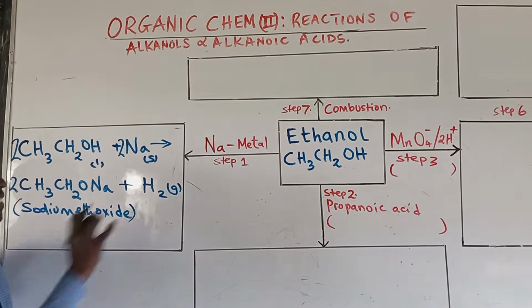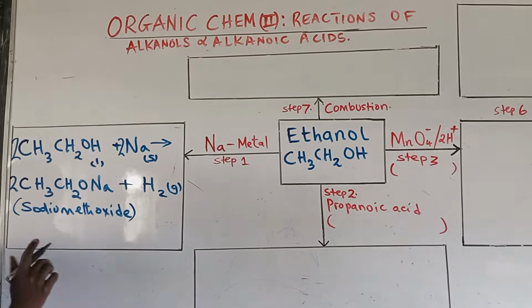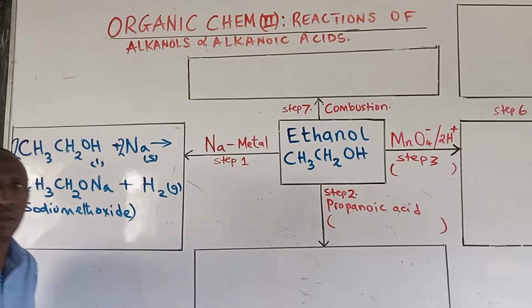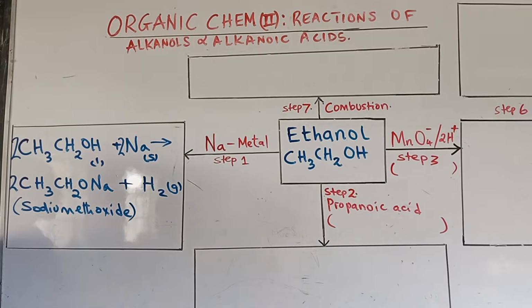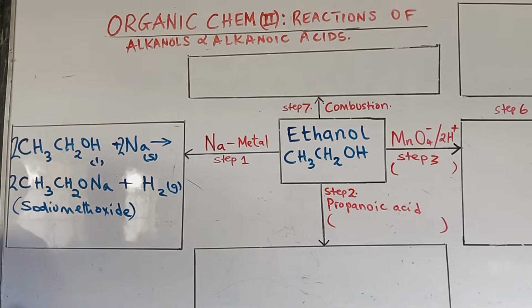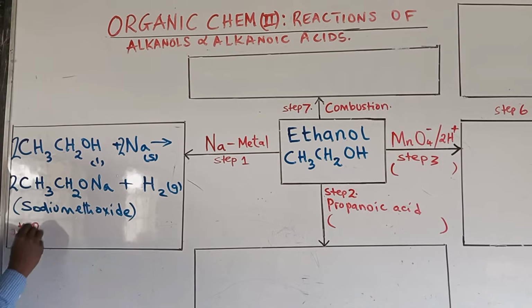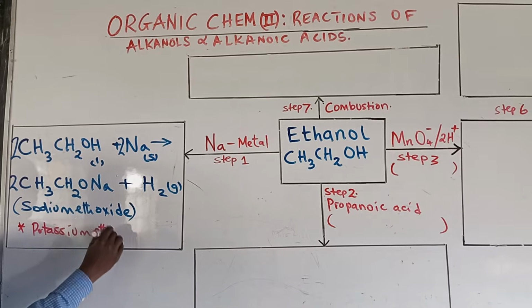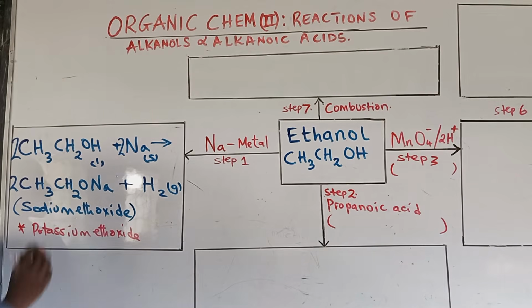So viewers, let us note here that if we had other metals like potassium, then equivalently it would form potassium ethoxide.